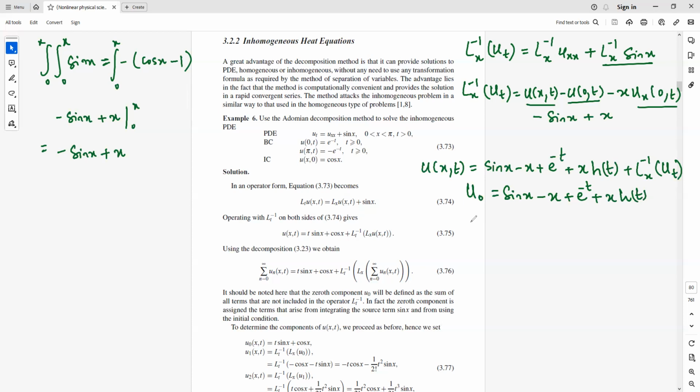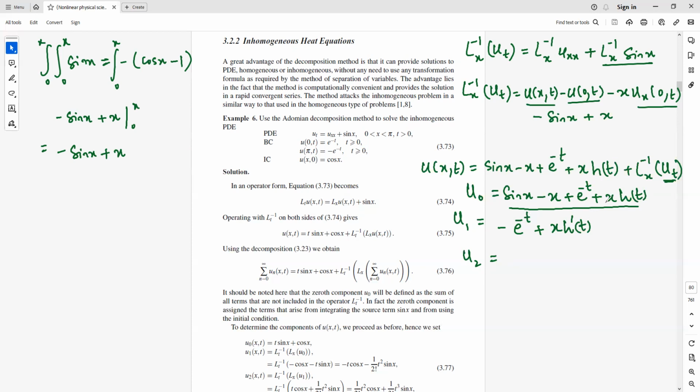Now for u1, we first need to differentiate this with respect to t, because this is ut. Therefore sine x will be 0, x will be 0. Here we will get negative e to the power negative t plus x h prime(t), that is the first derivative of t. And similarly for u2, we need to differentiate this.